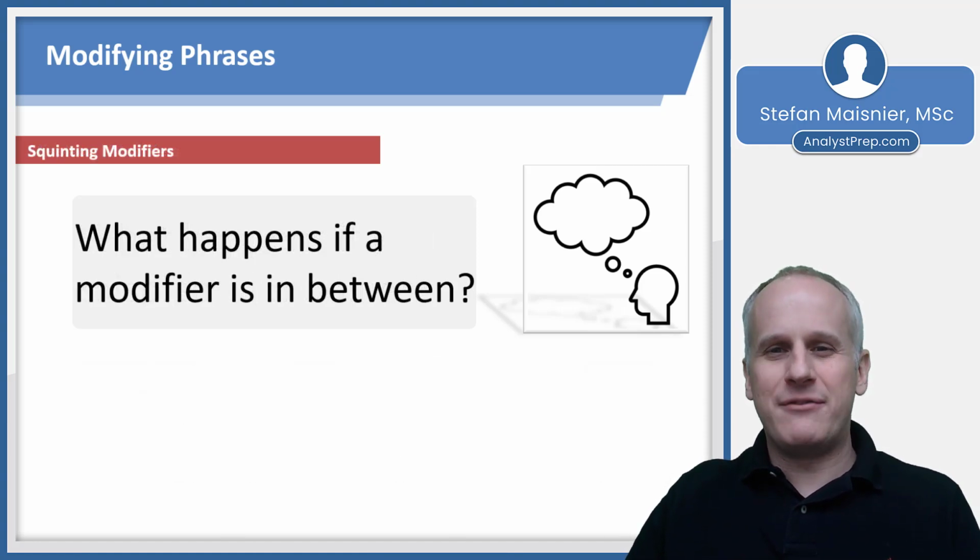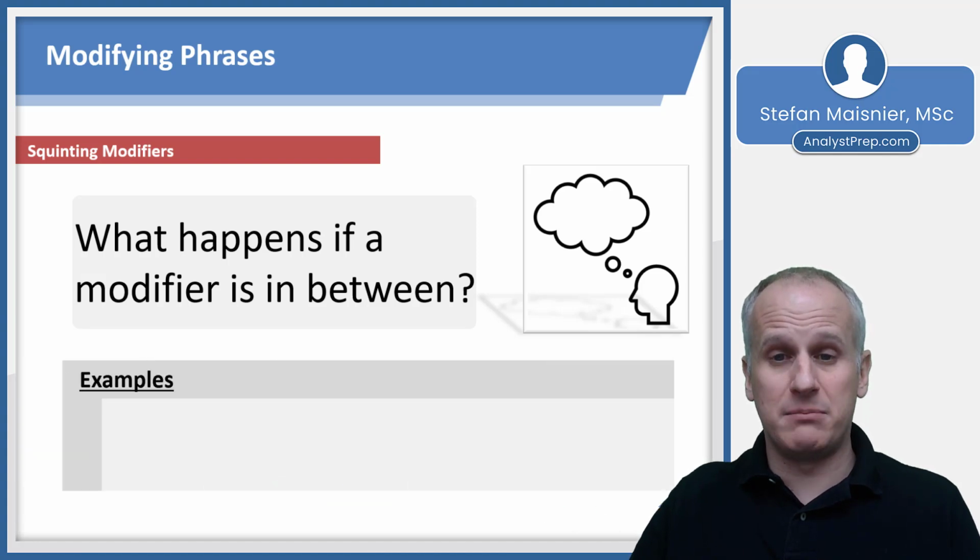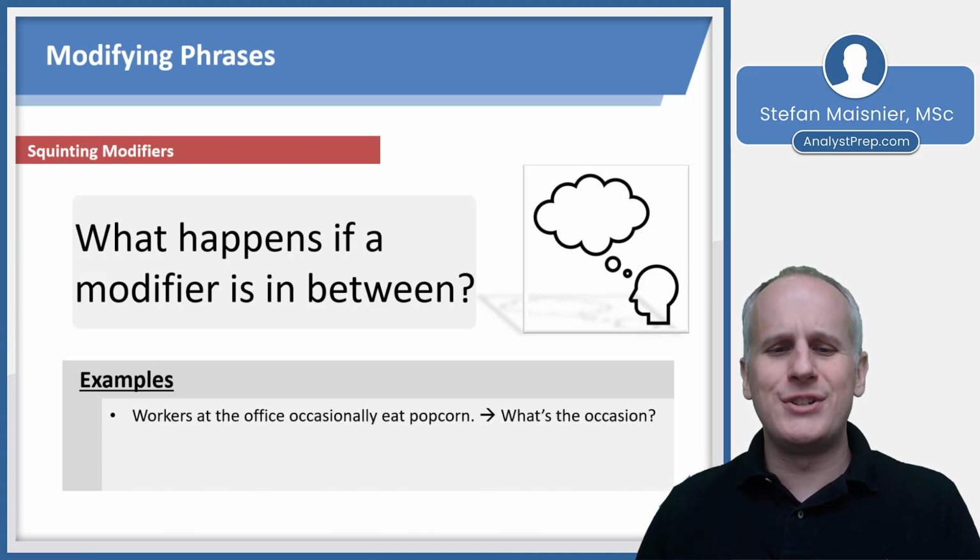Now, what happens if a modifier, potentially as small as an individual adjective or adverb, is in between two possible logical objects or subjects? So let's consider an example. "Workers at the office occasionally eat popcorn." Well, now we have the question of what's the occasion?